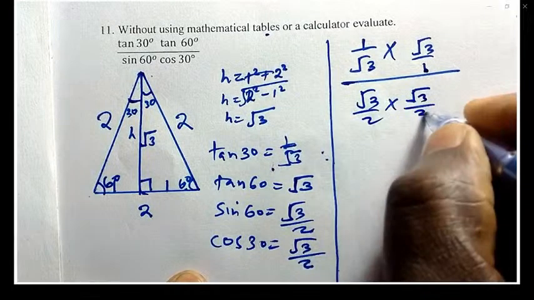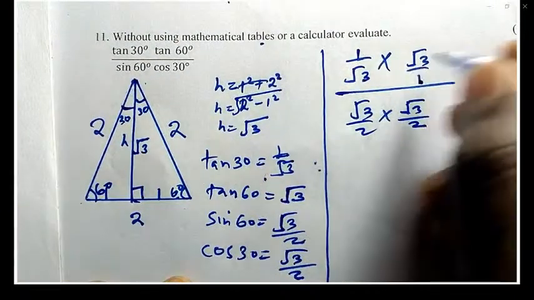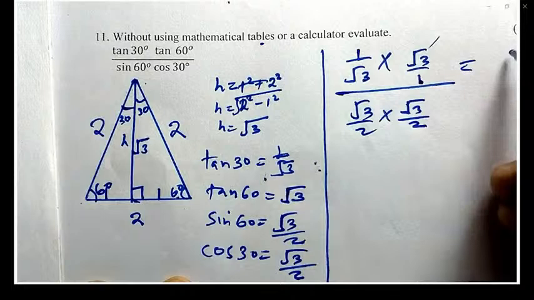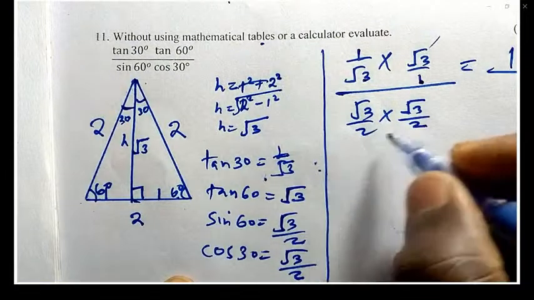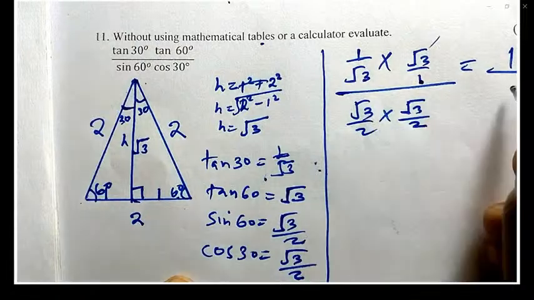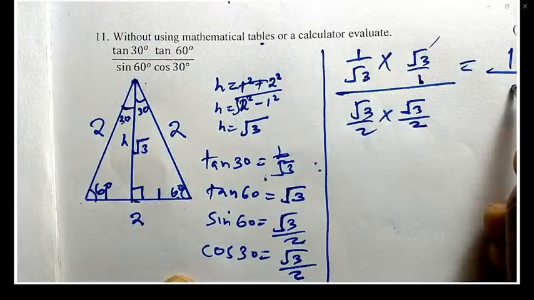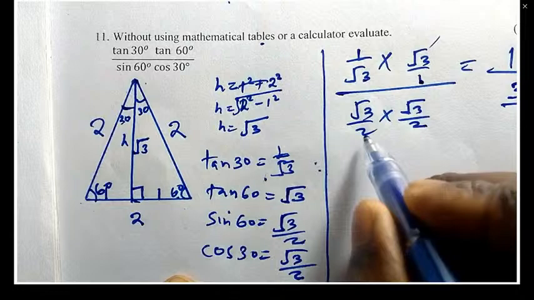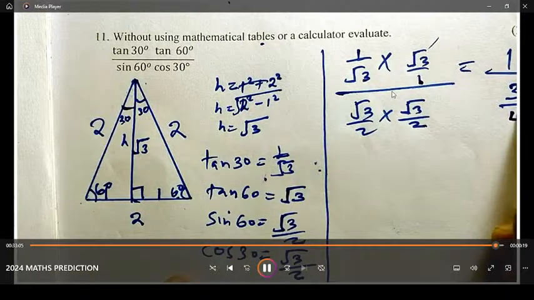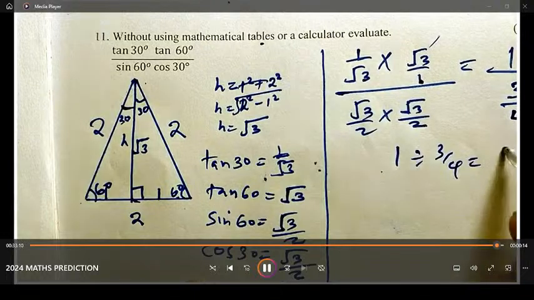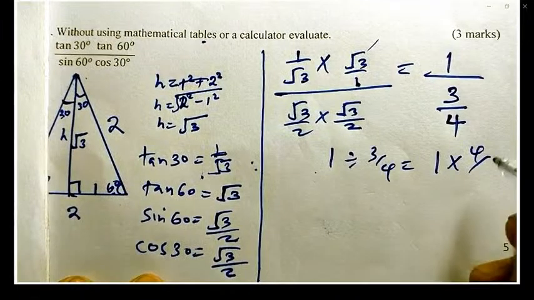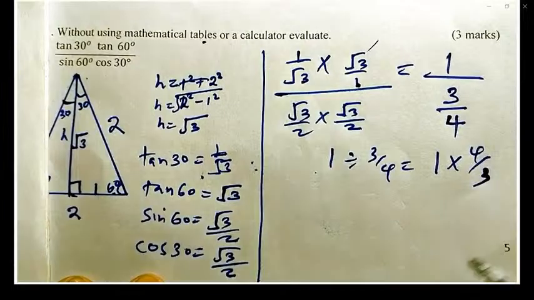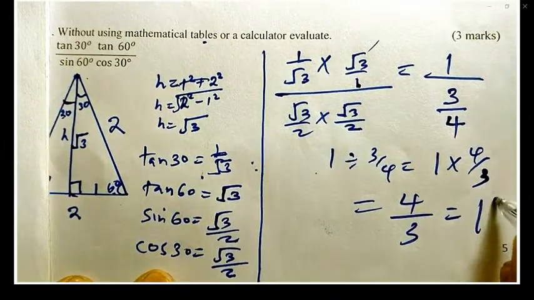So numerator peke yake, this one and this one is going to cancel, itakuwa 1 over this times that, this is root 3 times this, itakuwa 9, itakuwa 3 over 4. So 1 divided by 3 over 4 is the same as 1 times 4 over 3, the reciprocal. So the answer is going to be 4 over 3, which is the same as 1 over 3.